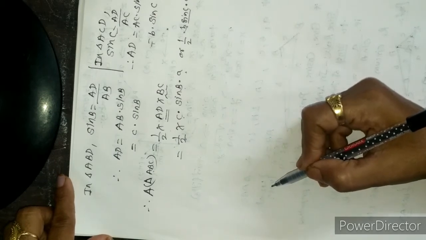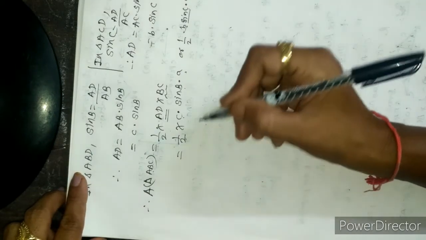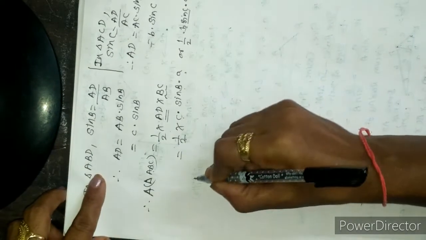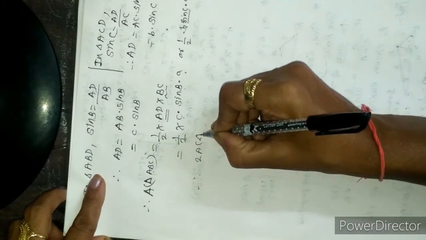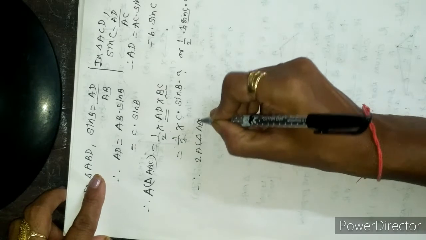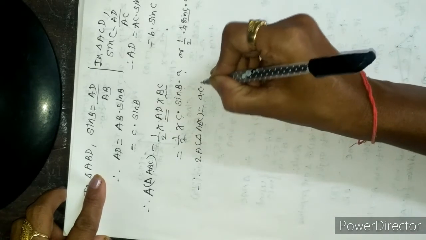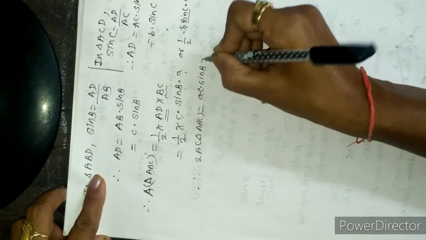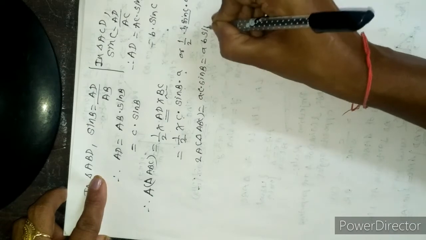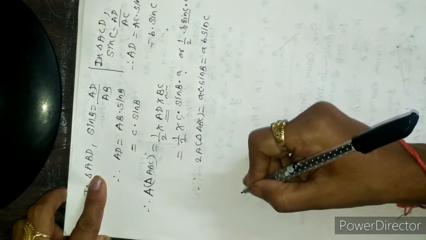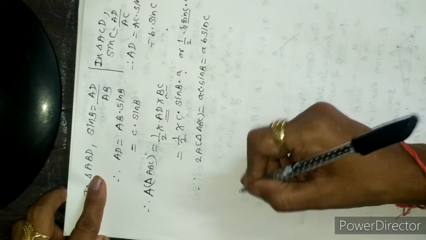So by using this concept in both results we get the value of 2 times area of triangle ABC. 2 times area of triangle ABC is equal to AC sine B, which is similar to AB sine C. So area of triangle is either BC sine A or AB sine C.